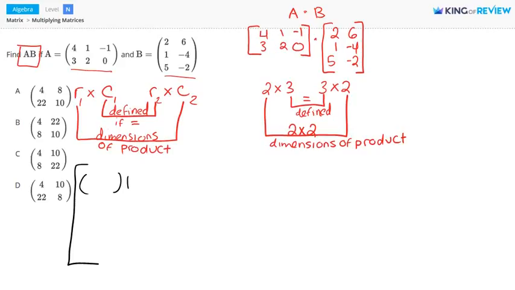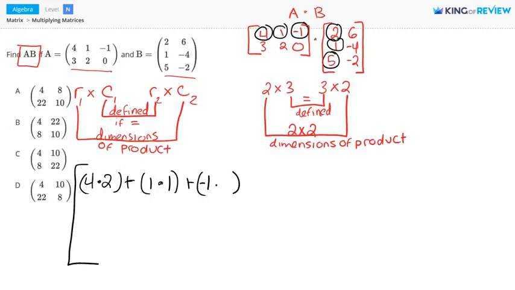So we're going to have the first entry calculated as the addition of 3 products. So we have 4 times 2, that goes here, plus 1 times 1, plus -1 times 5. So again, we're multiplying corresponding entries in the first row of A and the first column of B, and we're adding them together.